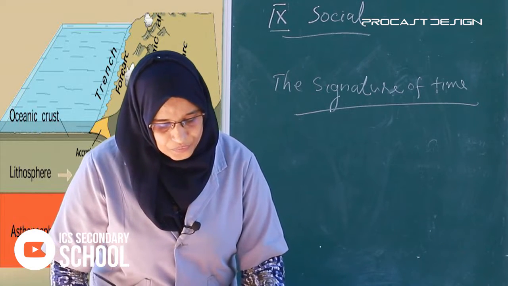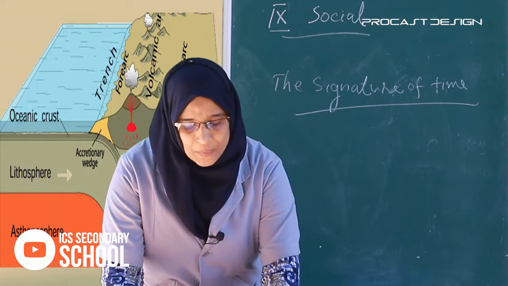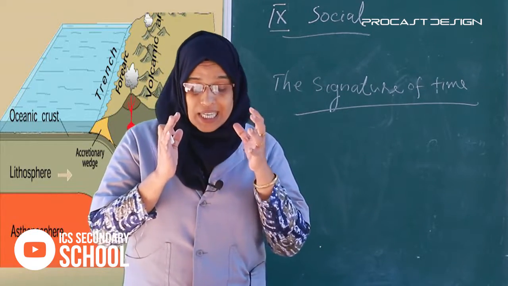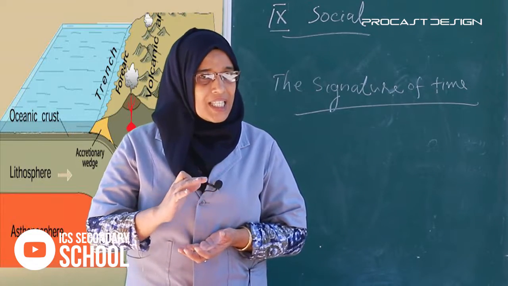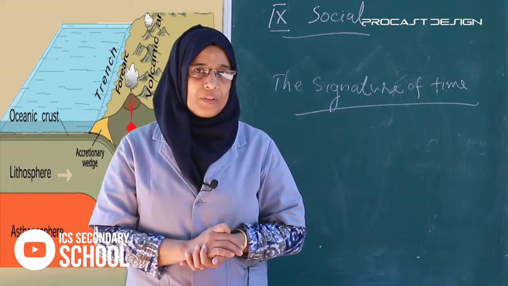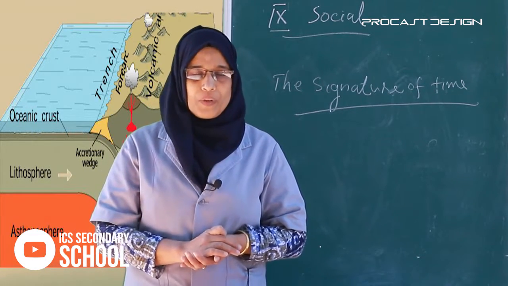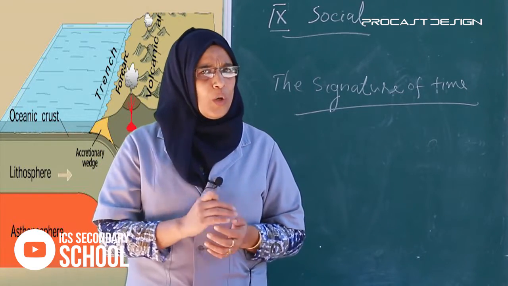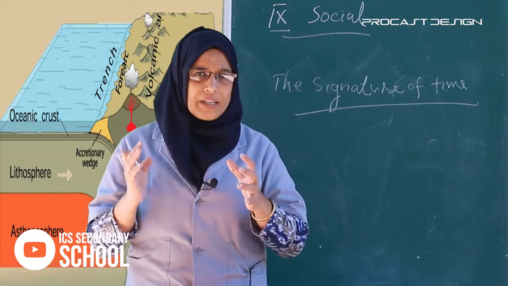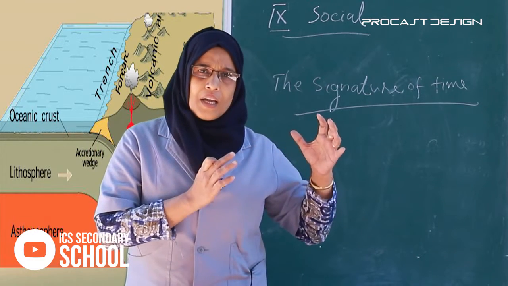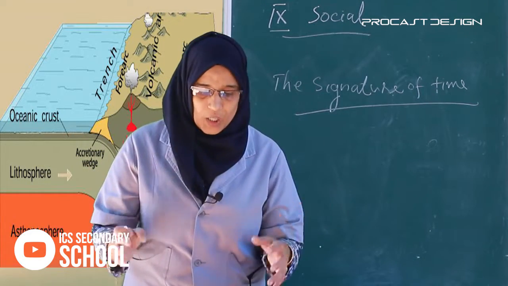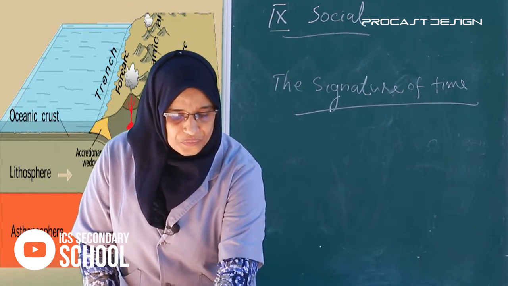Then you know that the crust, which is the outermost layer of the earth, is the solid portion. The crust and the upper part of the mantle together are the lithosphere.